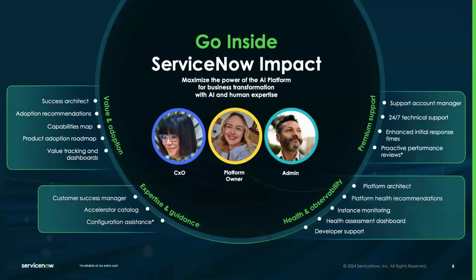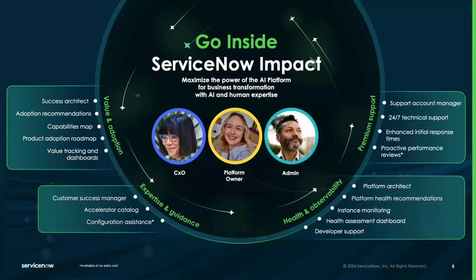Before we dive into Proactive Code Check, let's take a moment to briefly talk about Impact. At its core, ServiceNow Impact is designed to help you get the most out of your ServiceNow investment by combining AI-driven insights with expert guidance to drive real business outcomes. Impact is built on 4 major pillars. Value and adoption ensures you're realizing the full value of your ServiceNow capabilities with personalized recommendations and guided adoption plans.